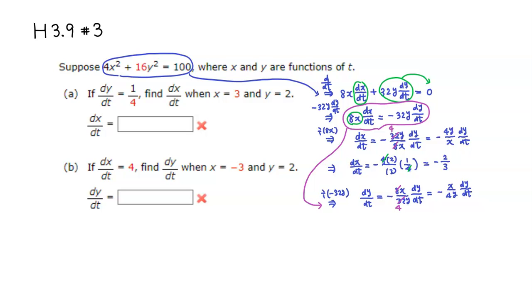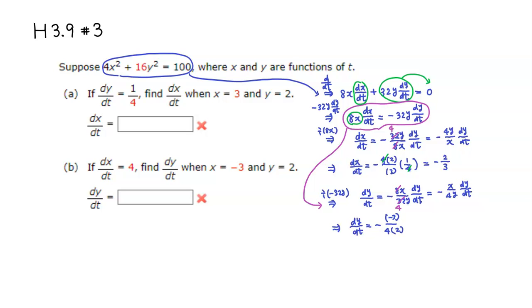But then we can just plug in. So we have dy over dt equal to a negative x value, in this case negative 3, and then 4 times the y value, which is 2. And then, actually, I messed that up. That's dx over dt, sorry about that. So I'm going to change that.